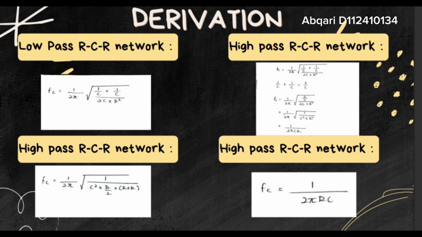And then we multiply it and it will become 1 over 2 pi, square root of 1 over C squared multiplied by R squared. We dissolve it and it will become 1 over 2 pi CR.